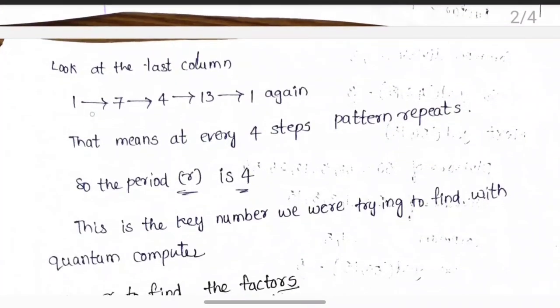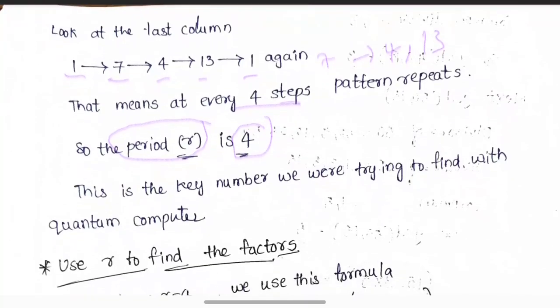If you look here, 1, 7, 4, 13, again 1, 7, 4, 13, the pattern is repeated. So that means at every 4 steps the pattern repeats. We call that the period, and we denote that period as R. That is nothing but 4 in this particular case, because at every 4 steps the same things are repeating.